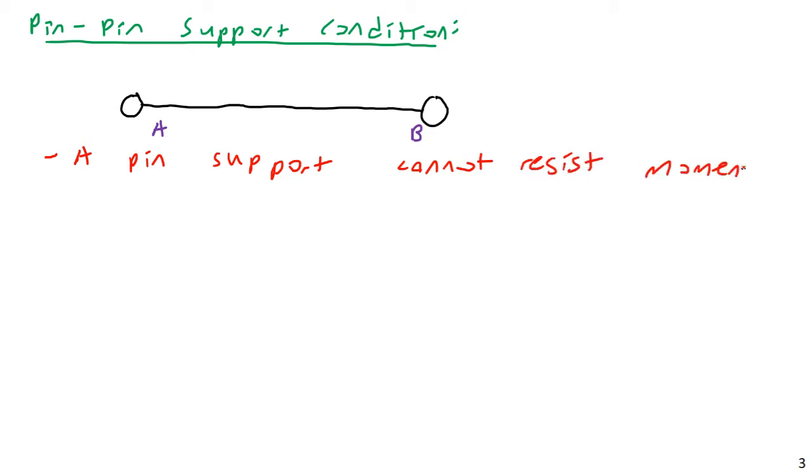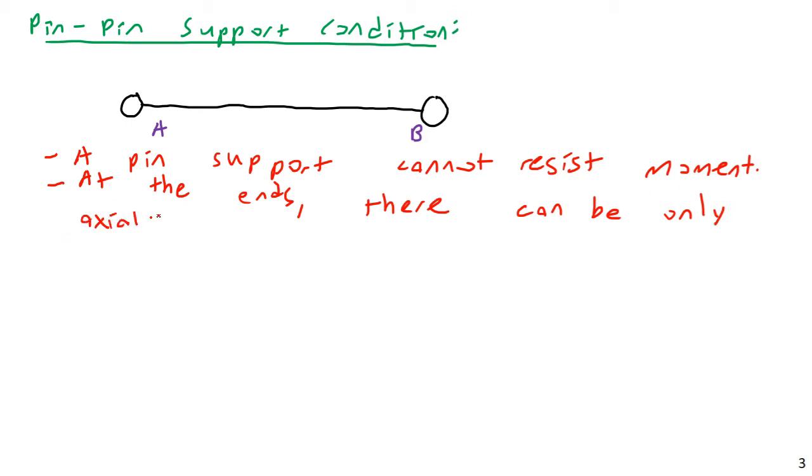I know that a pin support cannot resist moment. So at the ends, there can be only axial and shear. However, when we put two pins together, we'll see that this collapses even further. There can be only axial force and shear inside a member that ends at a pin.